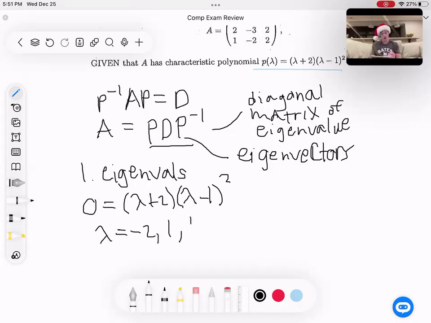The reason I wrote 1 twice here is because it has a multiplicity of 2, meaning that we have a double root in this situation, which is totally fine because when we find the associated eigenvector and eigenspace, it should have dimension 2. So there's going to be 2 eigenvectors that we can associate with that.